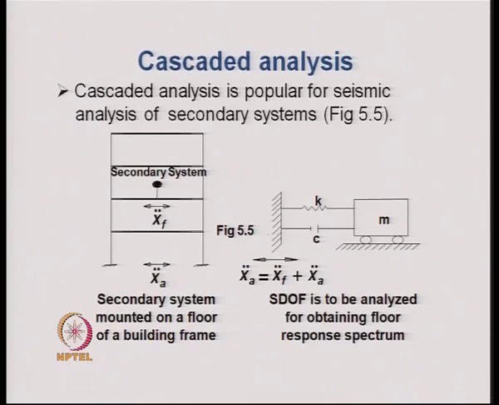Now, for these secondary systems, if we wish to find out the earthquake response, then one of the popular ways of doing it is by using a response spectrum applied at the base of the secondary systems.